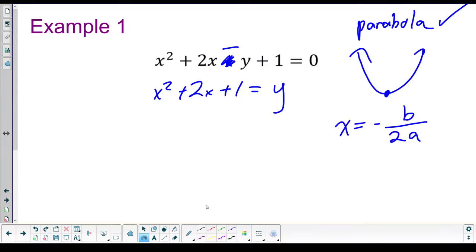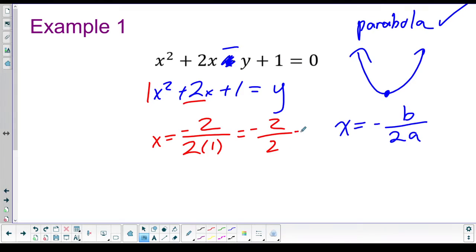So b is just the coefficient of the linear term. So we would have x equals negative 2 over 2 times a, the coefficient of our squared term, times 1. So this is negative 2 over 2, which is negative 1. That's one way we could find the x piece of our vertex.